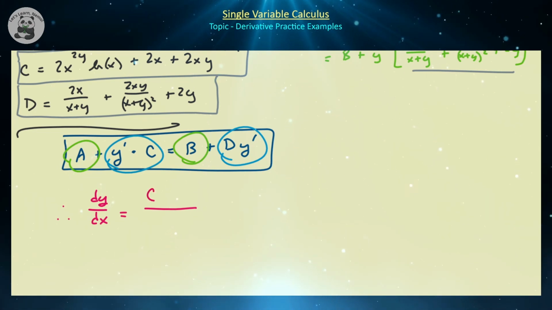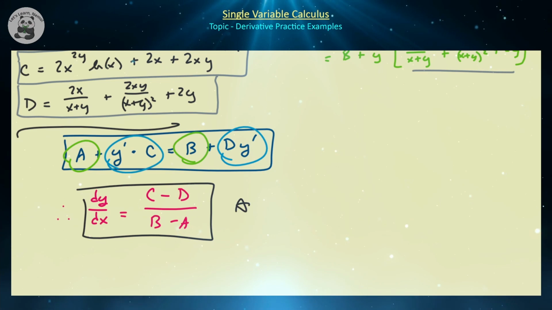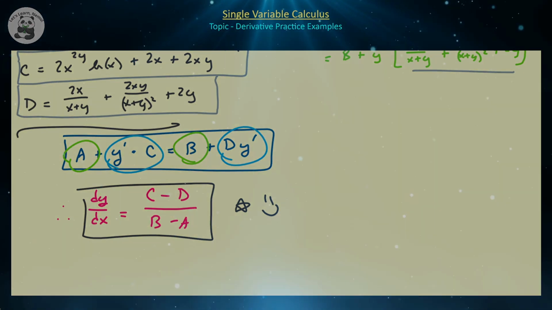So we're going to have c minus d all over b minus a, where a, b, c, and d were defined above. And that's probably the most practical and sensible way to approach derivative problems, where you just have nasty, ugly looking functions of x and y that don't really have any significance in terms of the actual y prime term, right? i.e. substitution is your best friend in these types of cases.